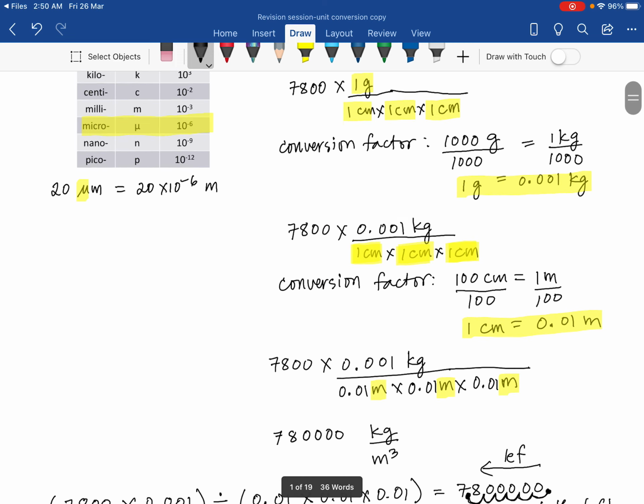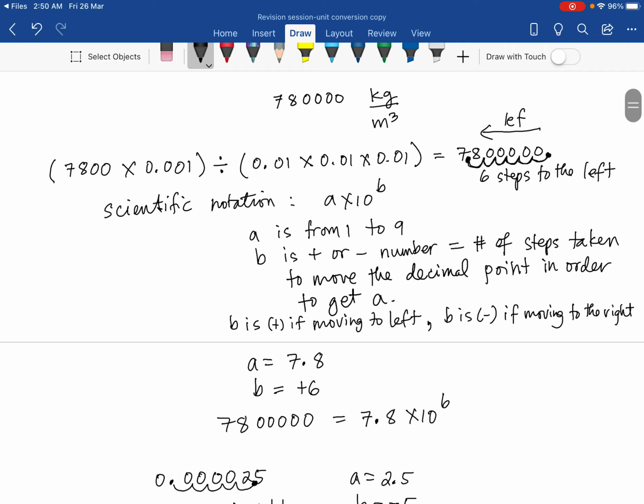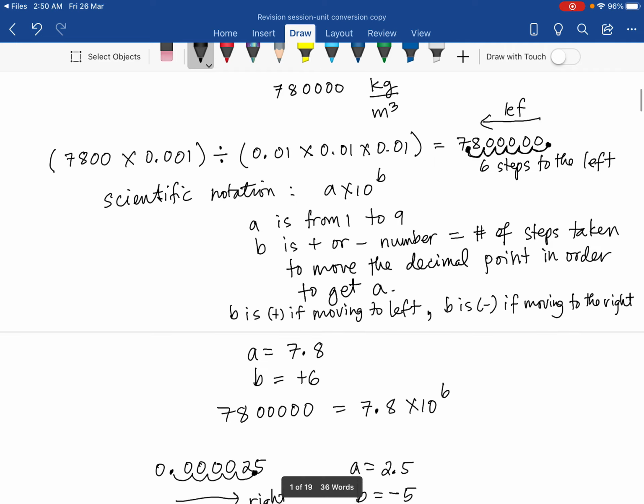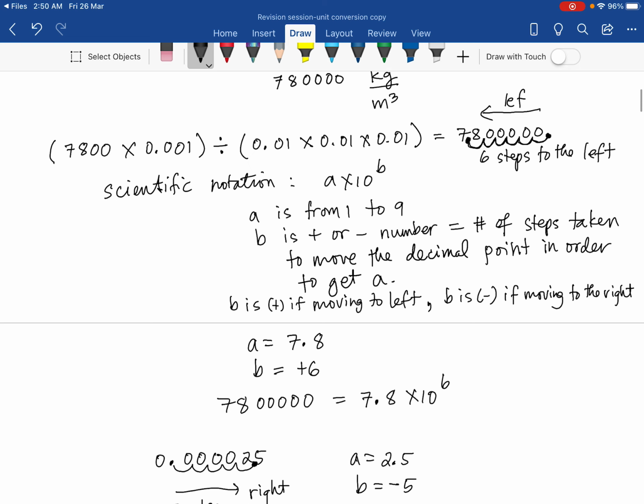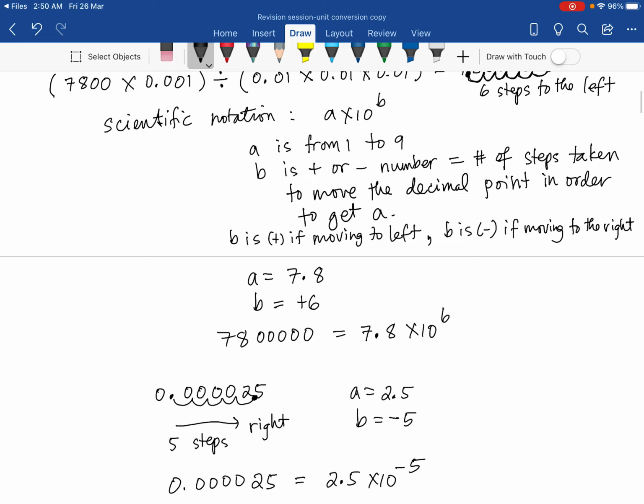And then finally, for scientific notation, you want to rewrite the number so that it's from 1 to 9, and you do that by moving the decimal place. The number of steps that you move the decimal place will give the power in the scientific notation. And if you move to the left, then that power is positive. If you move to the right, that power is negative.